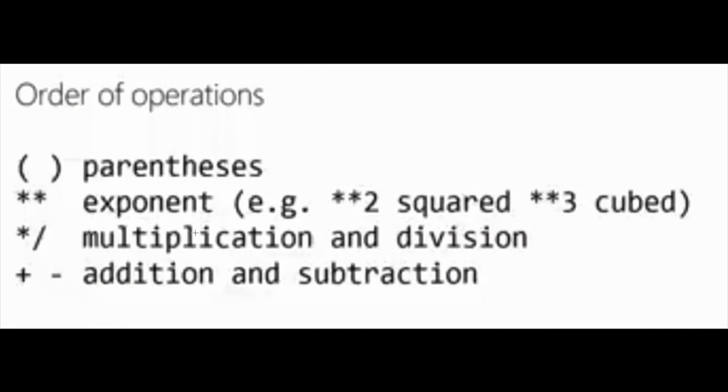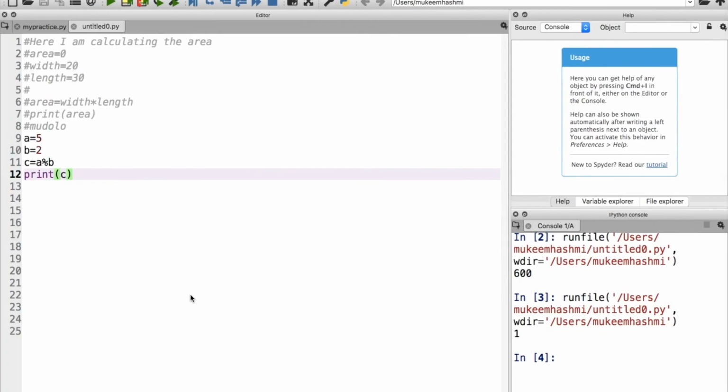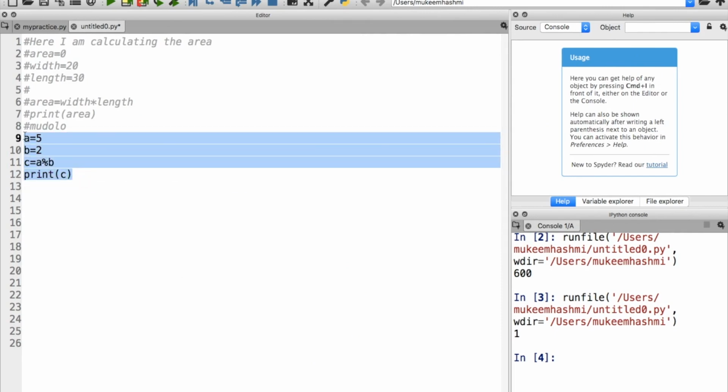Parentheses operate first, then exponent, then multiplication and division, and then addition and subtraction. So let me give 4 or 5 variables. I'm just going to comment this too.